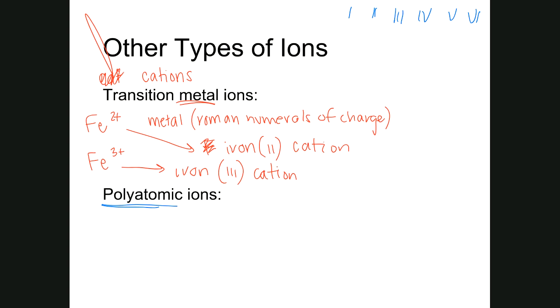We see that with the mercury 1 ion, since it's 2 mercury atoms. But it's polyatomic because it's multiple atoms, not necessarily multiple elements. And there are lots of different rules associated with the polyatomic ions that we're going to talk about, especially to help you remember them for your polyatomic ion quiz. So let's get to a blank screen and talk about these.